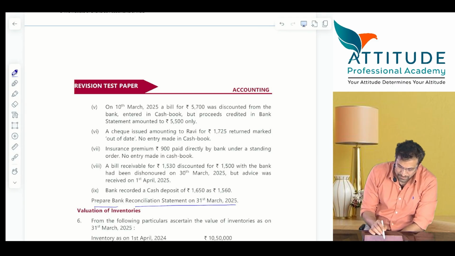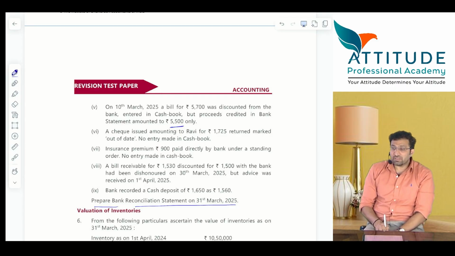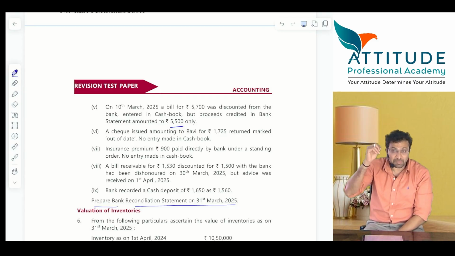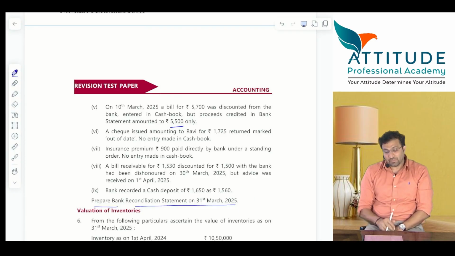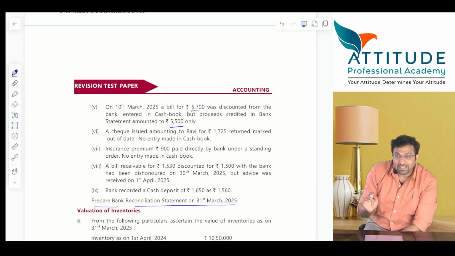On 10th March 2025, a bill of 5,700 was discounted from the bank, entered in cash book, but proceeds credited in bank statement amounted to 5,500 only. इसका मतलब क्या है? मुझे बताइए, a bill of 5,700 was discounted at the bank.